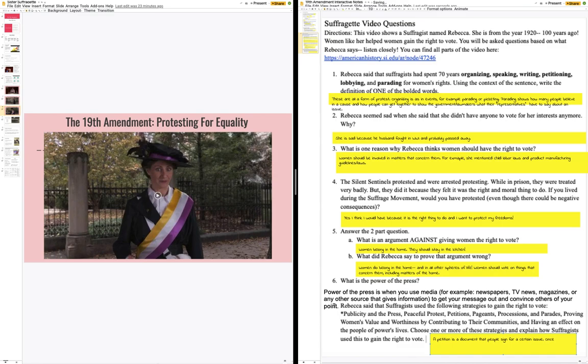Once the petitioners, people that petition, get a certain amount of signatures, they present the document, the petition, to Congress, their representative.